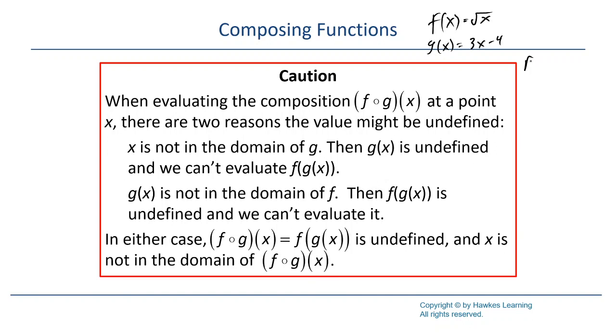Then if I say, what's f of g of 1, you'll run into an issue because, putting these two together, f of g of x is equal to the square root of 3x minus 4. g of 1 is going to be equal to negative 1.